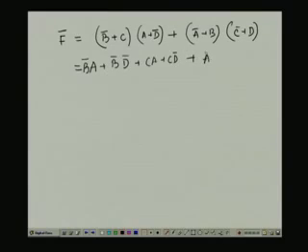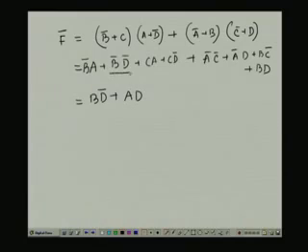Similarly, this becomes A bar C bar, A bar D plus B C bar plus B D. Now this becomes B bar D bar plus A D bar. So these two terms I keep as they are.